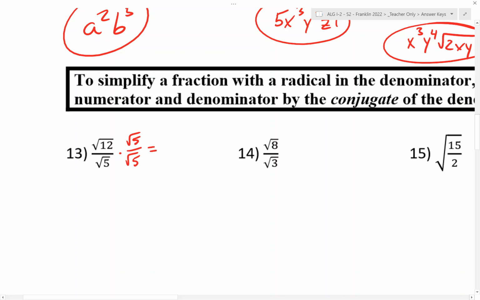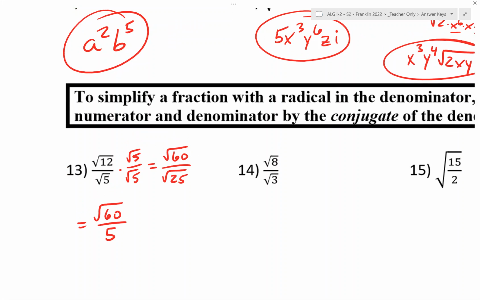And what that will give us is the square root of 60 on top, 12 times 5 is 60, and the square root of 25 on the bottom. Well, the square root of 25 is just 5. And so you can see that multiplying by the square root of 5 here essentially just takes out the square root symbol. And so you're back to 5.